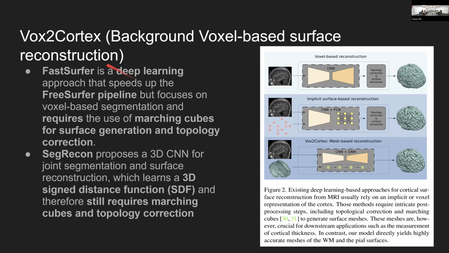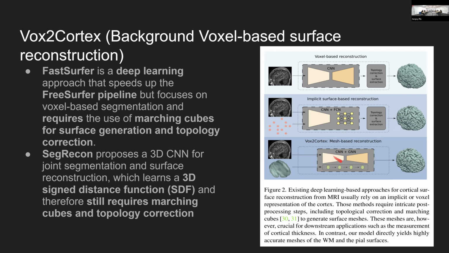So BoxtoCortex background. I would almost say this is like generations, but it's probably wrong. These require topology correction and surface extraction, which basically implies marching cubes, these 2 methods. So you'll see a CNN followed by topology correction and surface extraction, or a CNN with a fully connected network with topology correction and surface extraction.